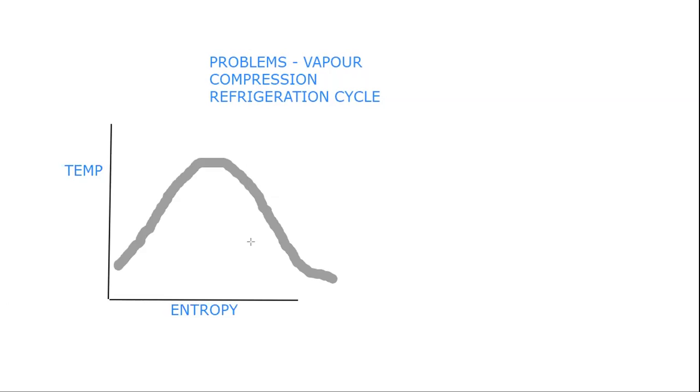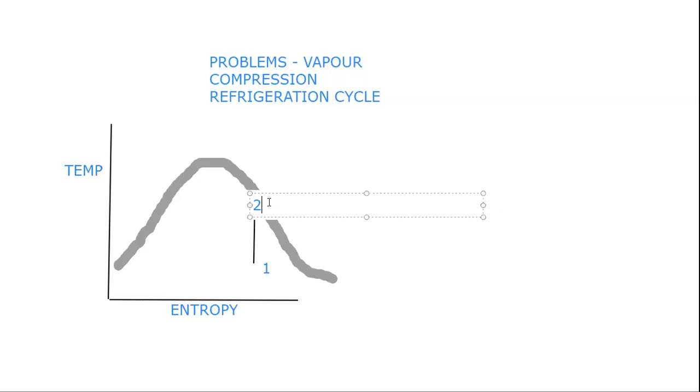That's where we start compressing the refrigerant. The compression goes upwards, because the temperature increases after compression. So here is point number 1, and here is point number 2.